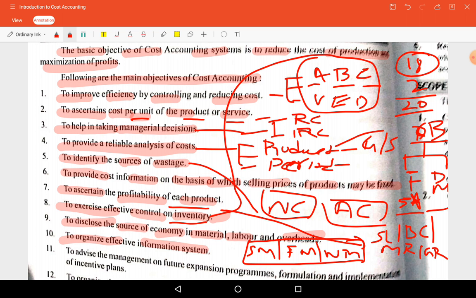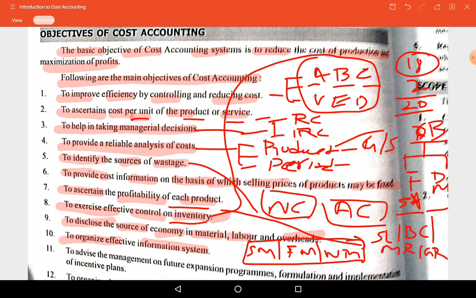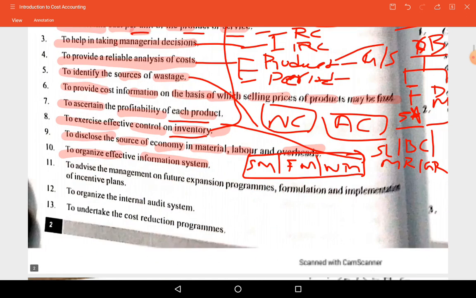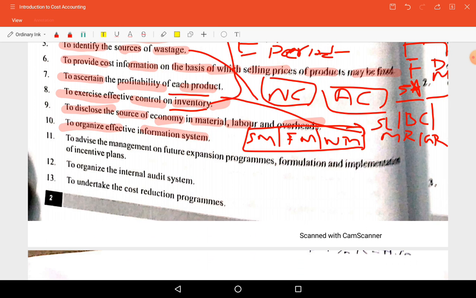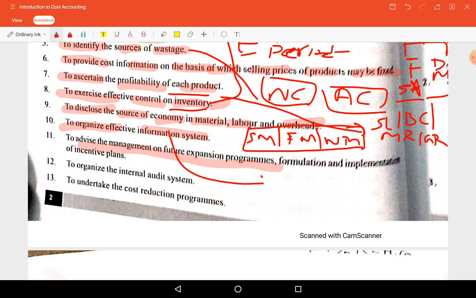What is your closing stock at present? The stores ledger will be maintained by the cost accounting department, and with the help of that, management will be informed of the closing stock value.